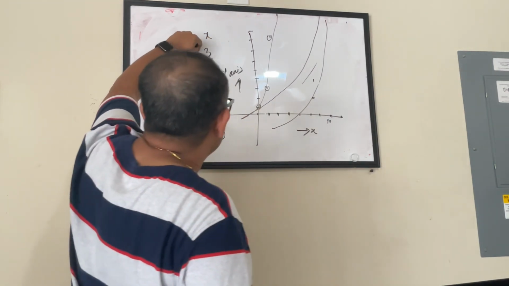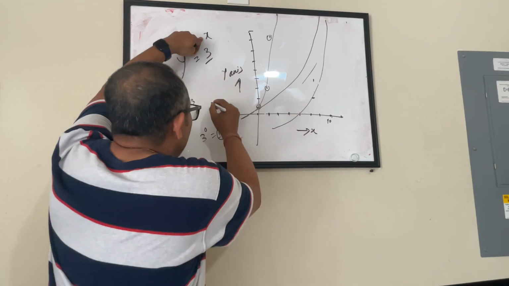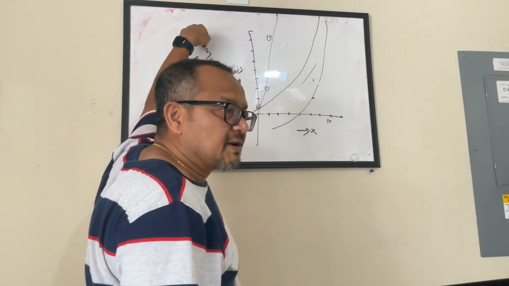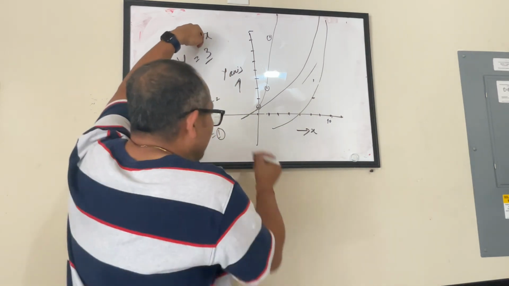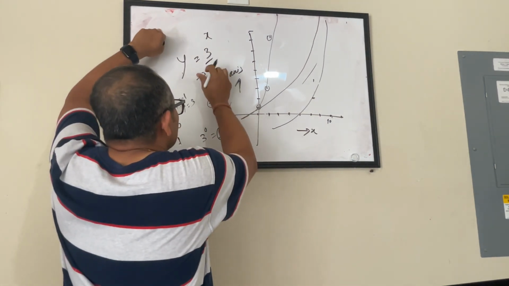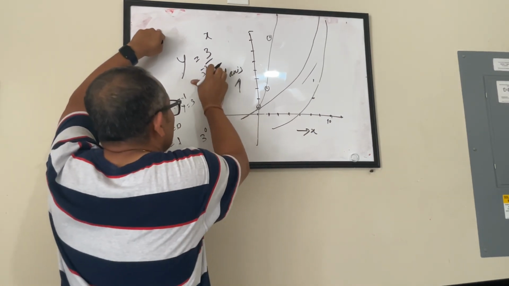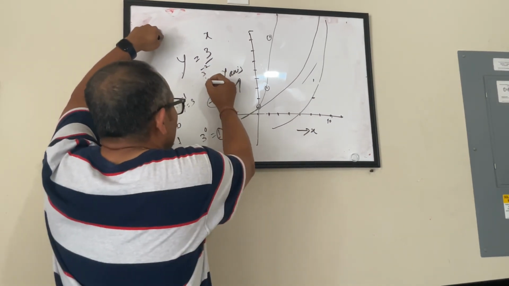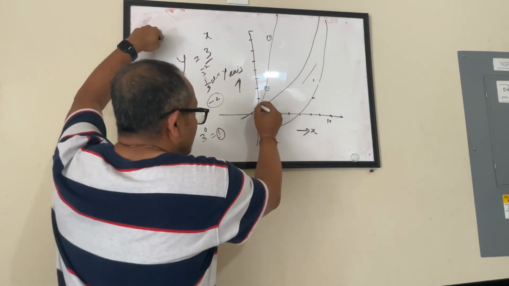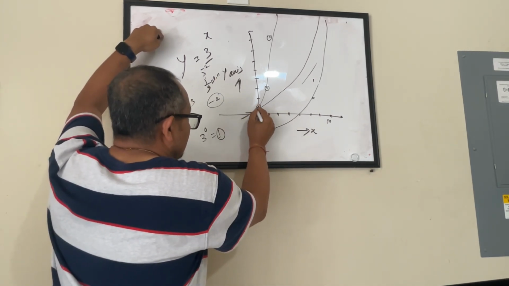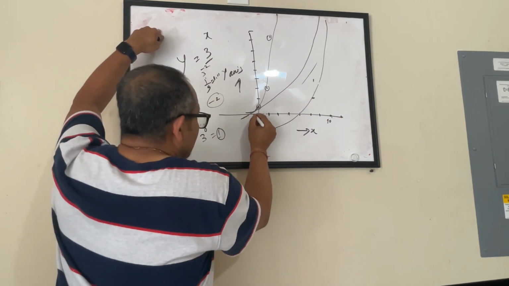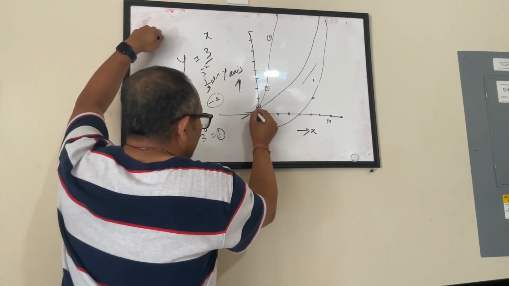Now, look at when x equals minus 2. That will be 3 to the power minus 2, which is 1 by 9, about 0.11. When x becomes minus 1, it becomes 1 by 3, somewhere here.